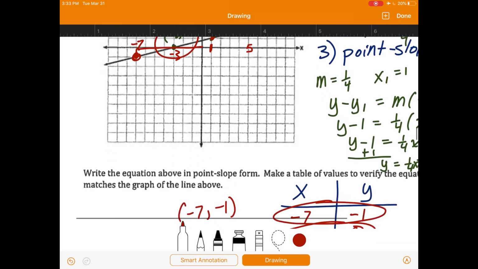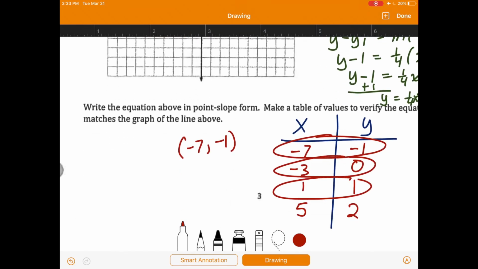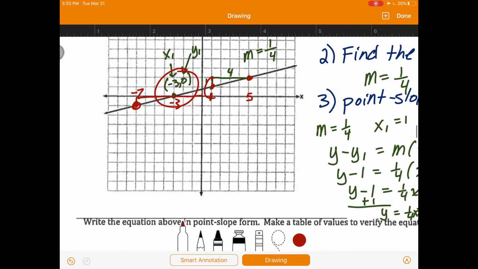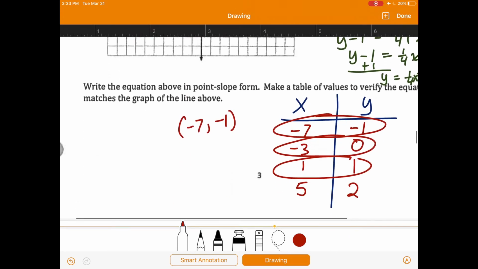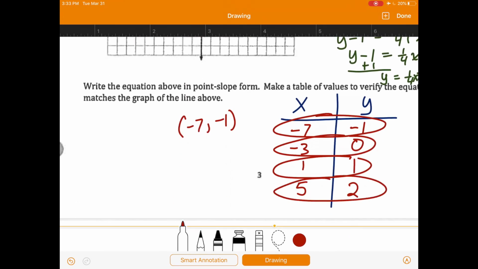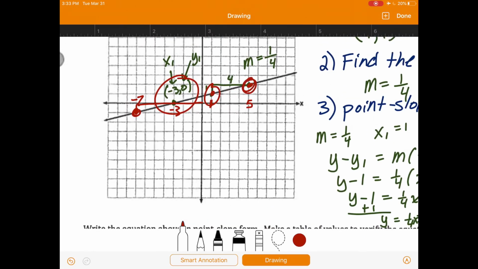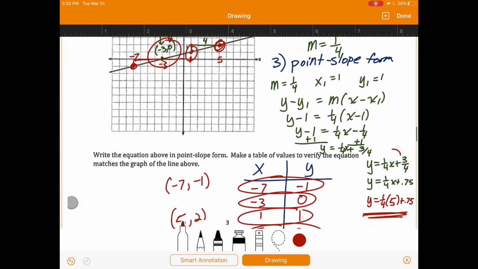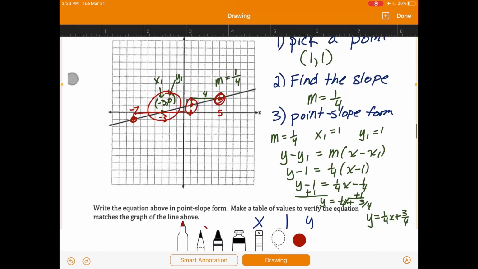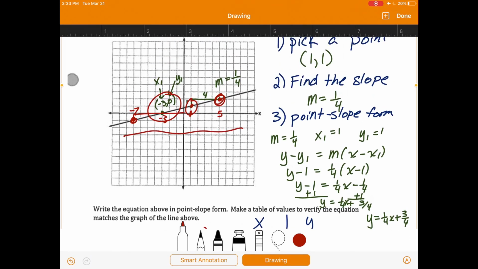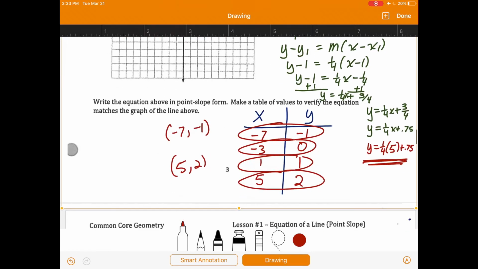We already talked about that one before. 1, 1, yep, that's this one. And then this other one, 5, 2, is this point right here. So yes, this equation that we came up with is definitely correct because we know that all of these things are going to match up with the algebra that we did down here.